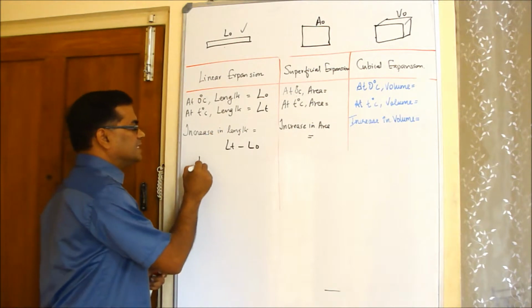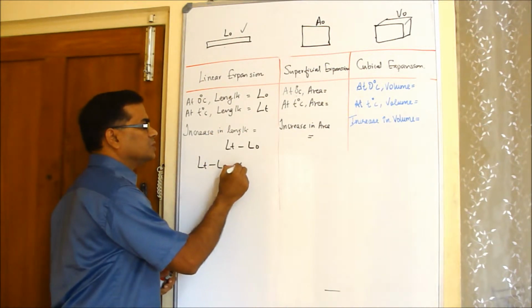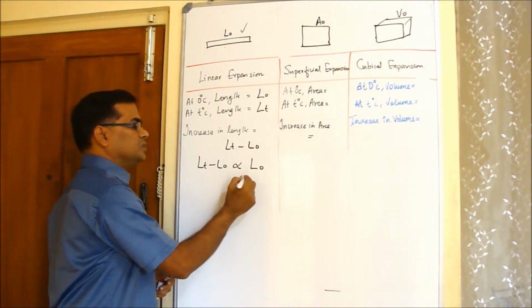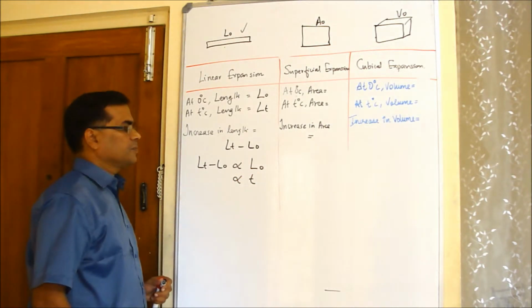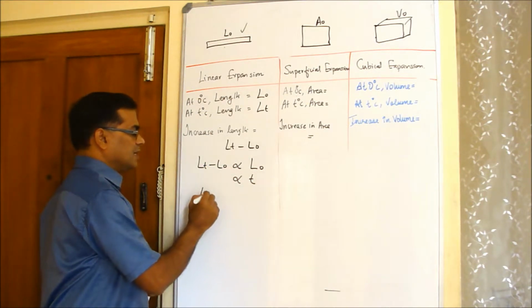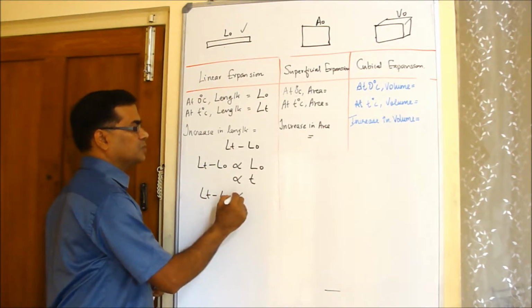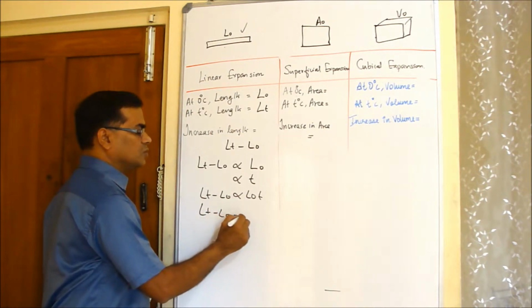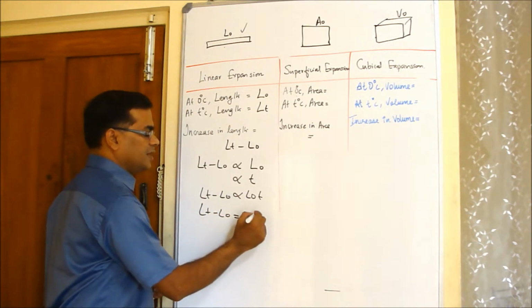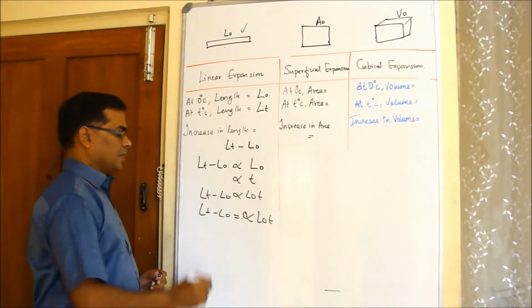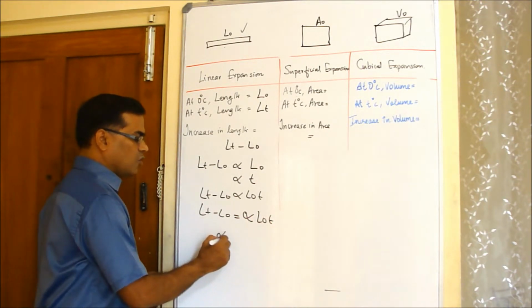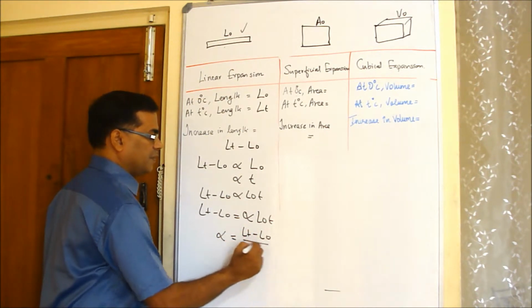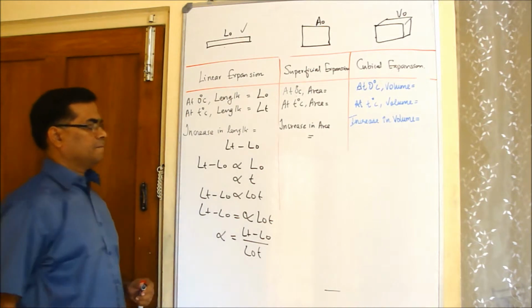As we know, the increase in length is proportional to the original length L0, proportional to the rise in temperature T, and writing it together, LT minus L0 is proportional to L0T. LT minus L0 is equal to a constant alpha into L0T. Therefore, alpha, the coefficient of linear expansion, is equal to LT minus L0 divided by L0T.